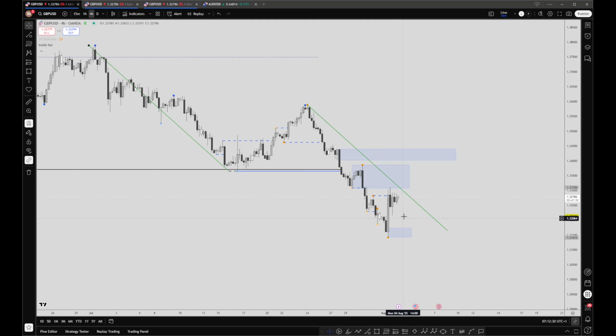So looking at areas of interest now, we have this area here which we've mitigated, but we know we can pull back deeper into this mitigated zone and then get a reaction from here. We do now have inducement left behind from the first time we tried to come into here, and then we've pushed down.